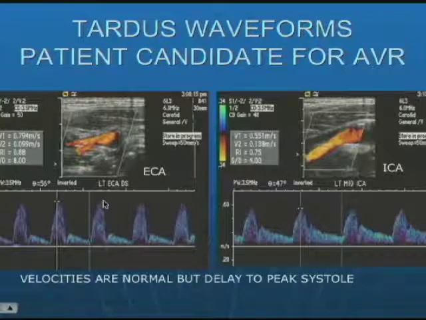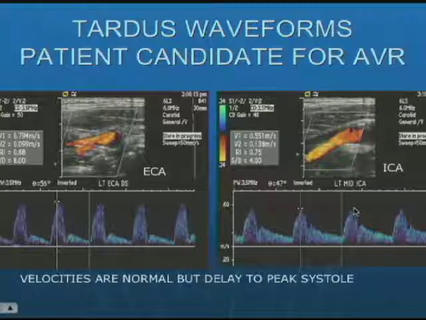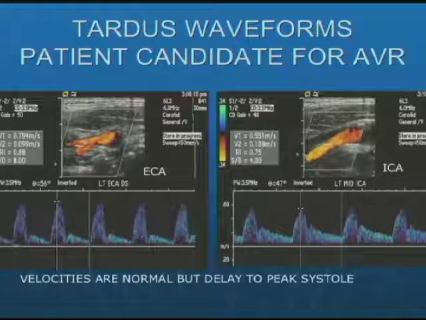Peak systole takes this much time to develop, and over in the mid-ICA, it's taking quite a while to reach peak. In patients who are going to have an AVR replacement, obviously they have aortic stenosis or aortic insufficiency, and this is the kind of waveform you might see rather than just the classic tardus parvus waveform. This is basically a tardus waveform without the parvus portion.